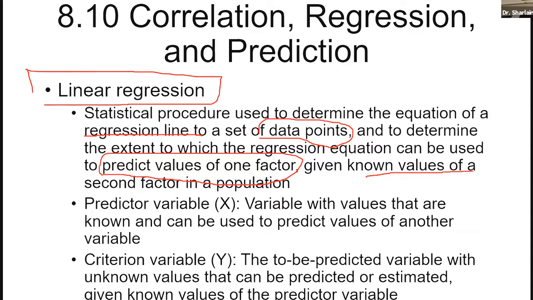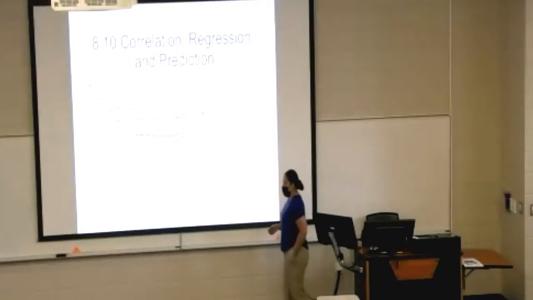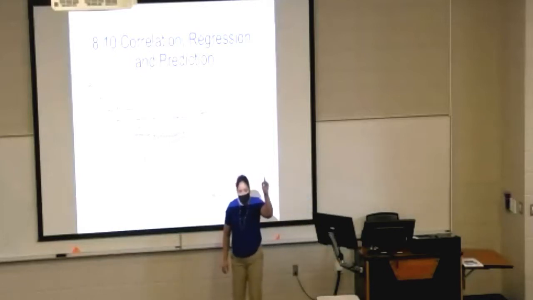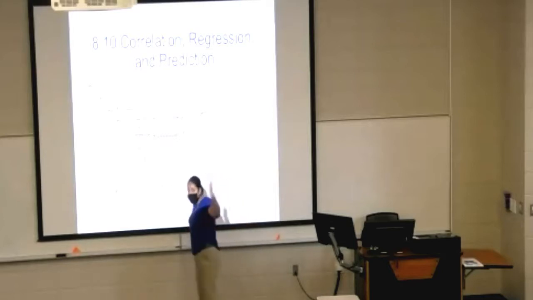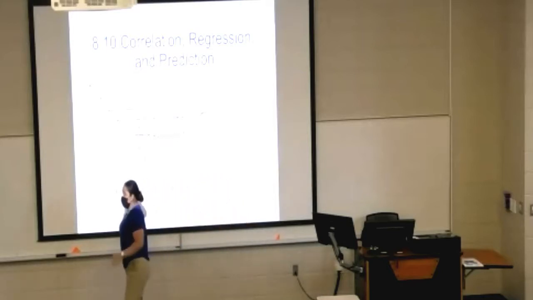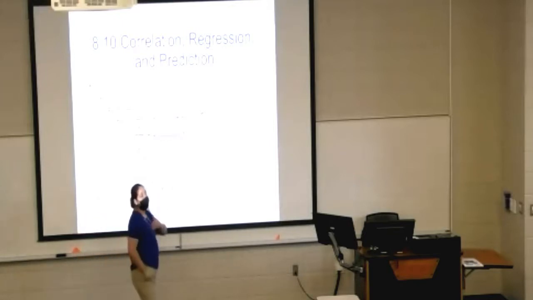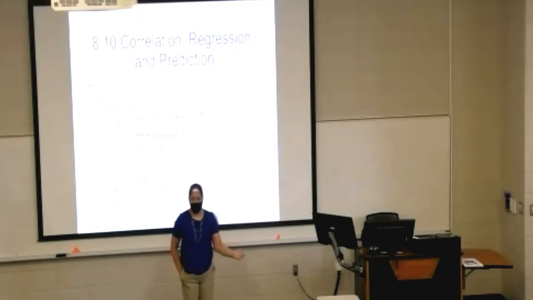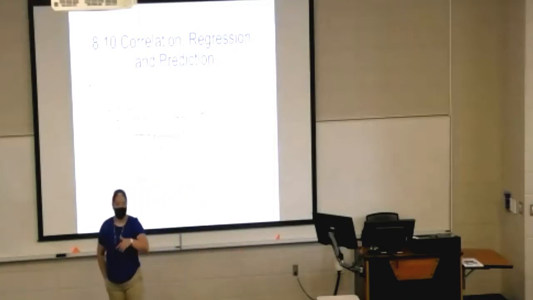It means that if I have one variable, I'm trying to predict the second variable. That's what we call regression. If X increases, I can predict that Y is going to increase. Vice versa, if X decreases, maybe Y decreases.